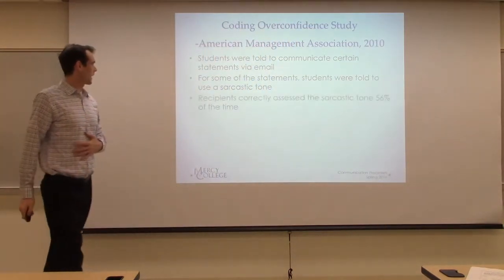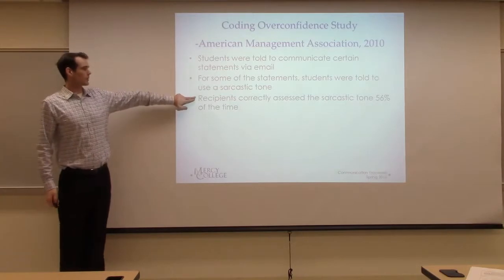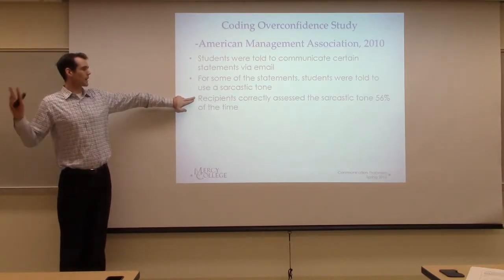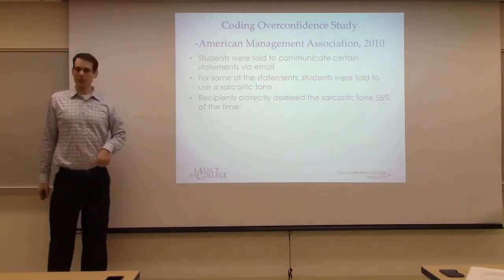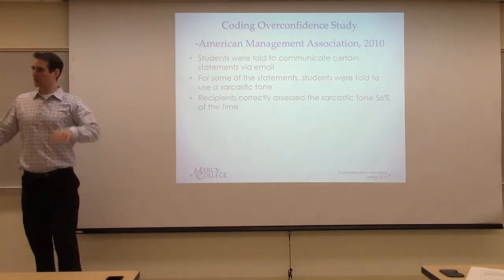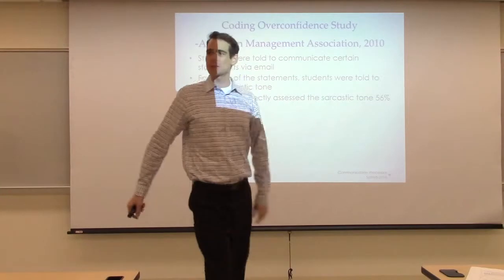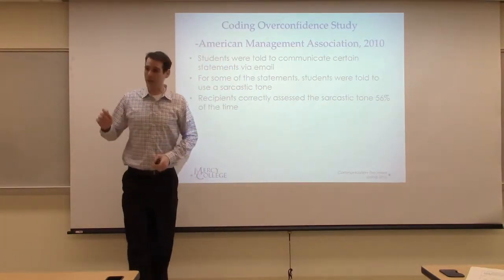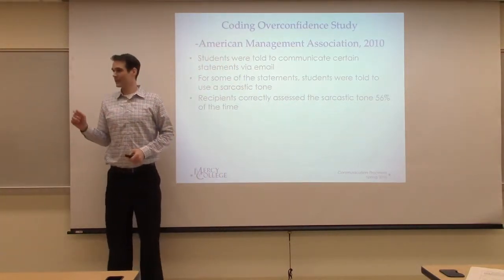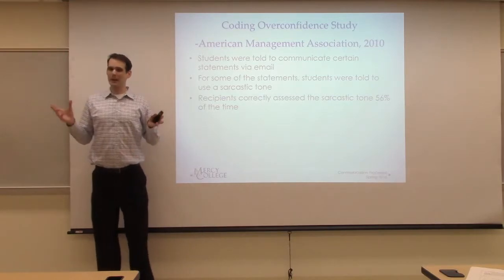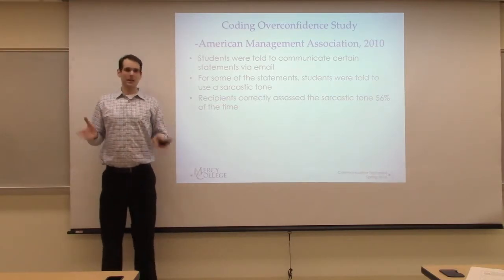Now, the recipients correctly assessed the sarcastic tone 56% of the time. Remember, some of you were sarcastic, some were sincere, and then we asked the recipients, was this person being sarcastic or sincere? And they were right about it 56% of the time.